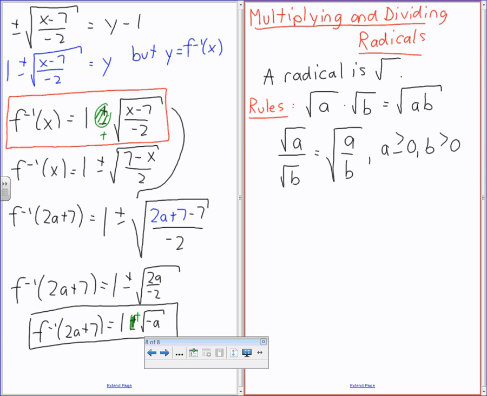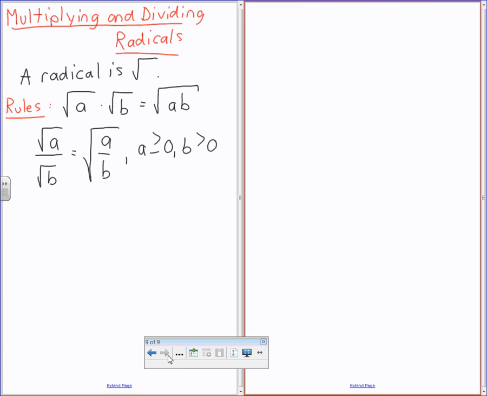All right, so to simplify means to find another expression with the same value.